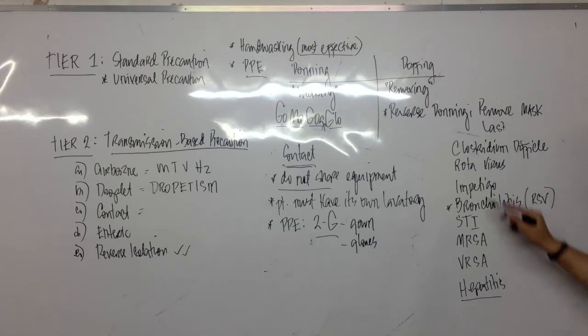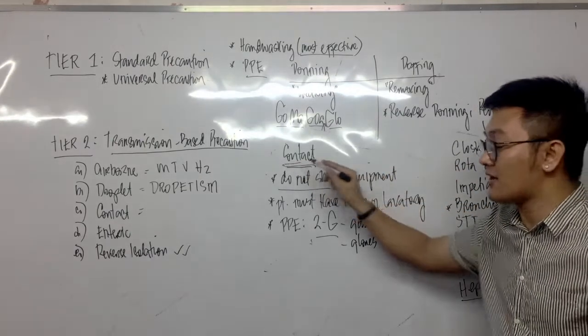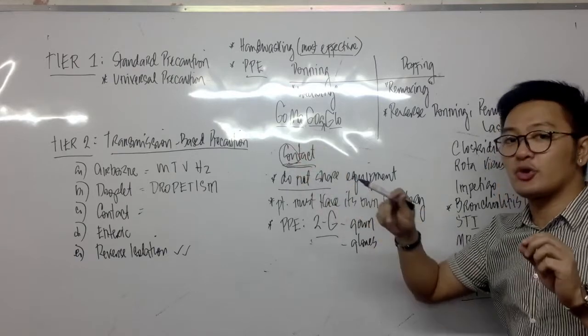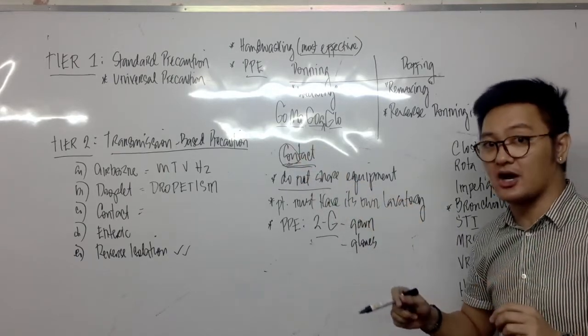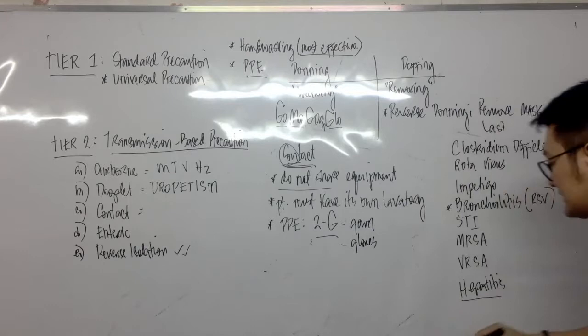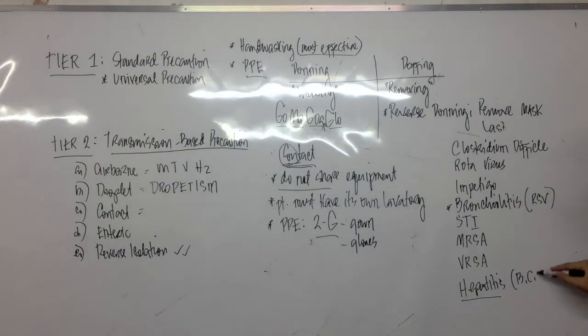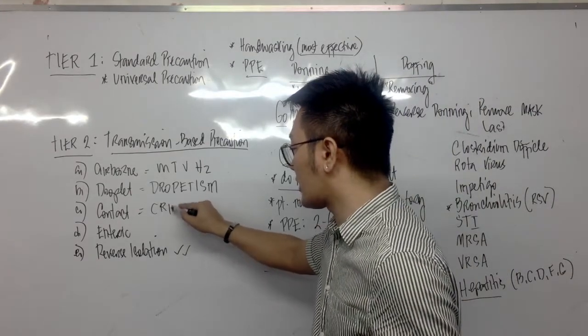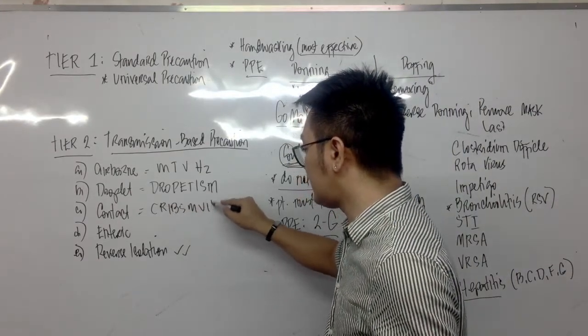Which hepatitis is contact spread? Technique: contact, consonant. So all consonant hepatitis are contact spread. What are these consonants? B, C, D, F, and G. So again, in contact spread, you have your CRIBS, MVH.